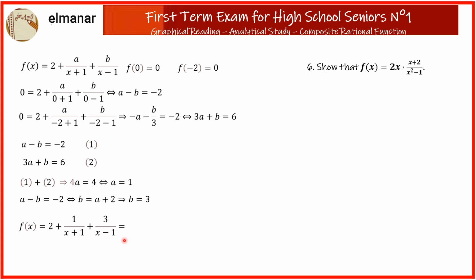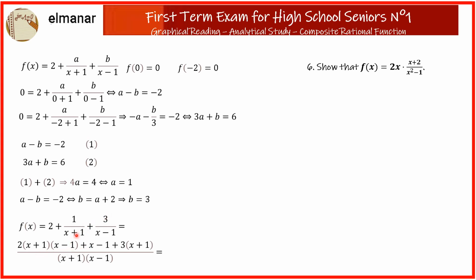The goal is to transform this into a single fraction. To do that, we place all terms over a common denominator. This shared denominator is obtained by multiplying the expression x increased by 1 with the expression x decreased by 1. Next, we expand each term in the numerator carefully, using well-known algebraic identities.